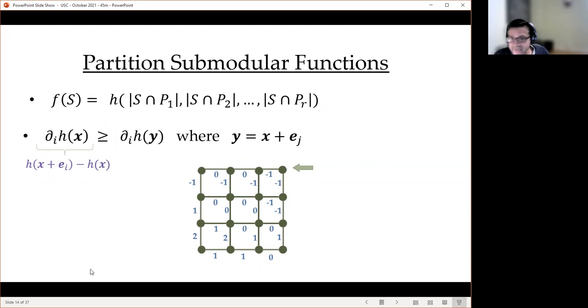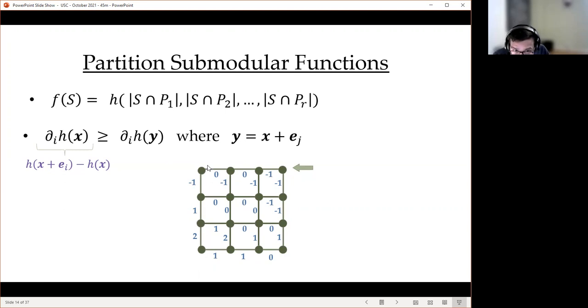What does submodularity tell us? Submodularity says that if you go from left to right, so you go along an edge and look at the edges that you encounter, those numbers can only decrease. This is what this says: 2, 2, 1, 1, 1, 0, 0, -1.